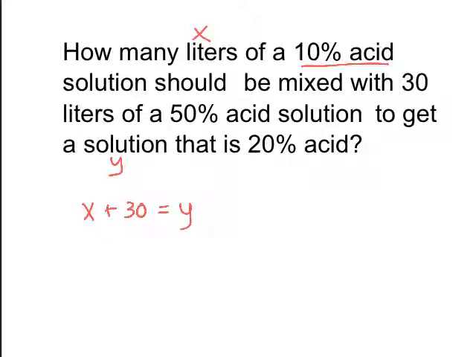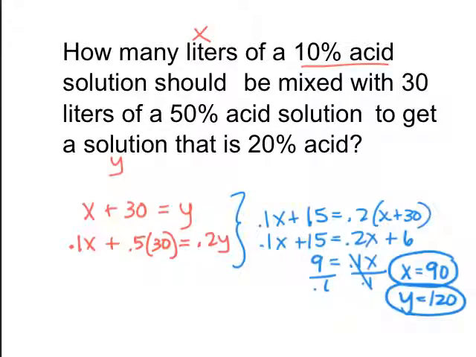So if I have X liters at 10% and 30 liters at 50%, when they're done, I am going to have Y liters at 20%. And there's my second equation. So what I'm going to do now is you can go ahead and solve this system. I will pause it and do that as well.